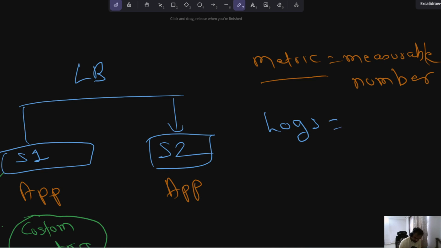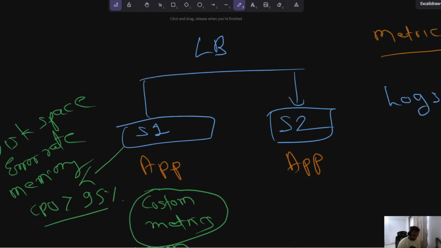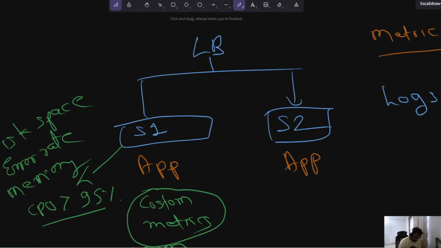Logs is equal to, so here in the same example, a request comes from the load balancer and goes to the service. The load balancer sends it to server 1, that is application 1, and from application 1 the request hits the cache.